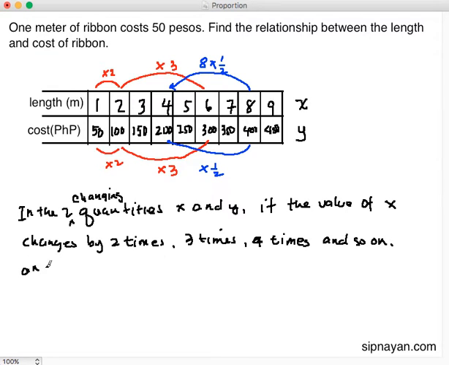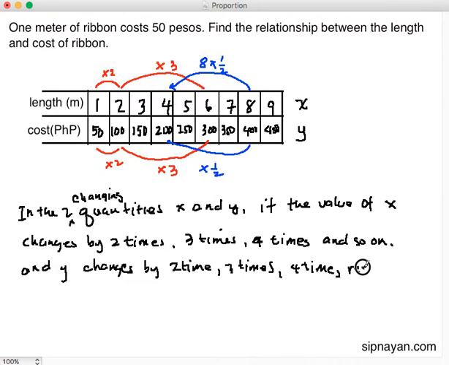And y changes by 2 times, 3 times, 4 times, respectively, and so on, respectively.